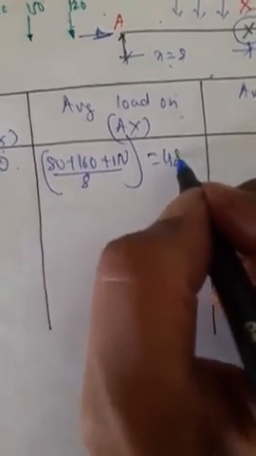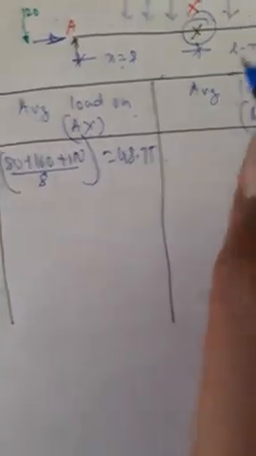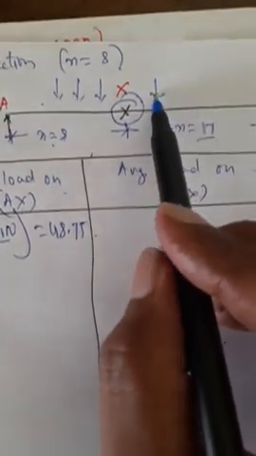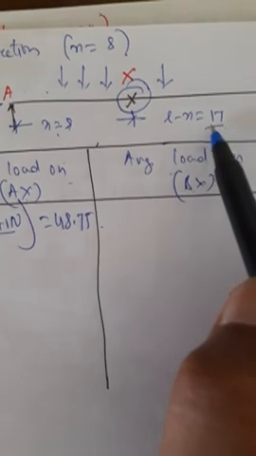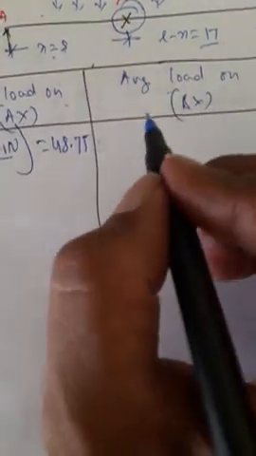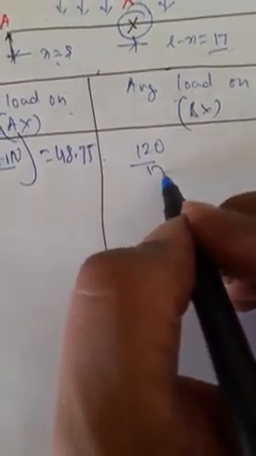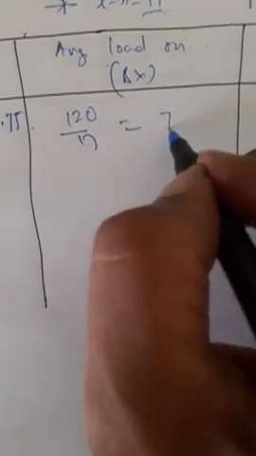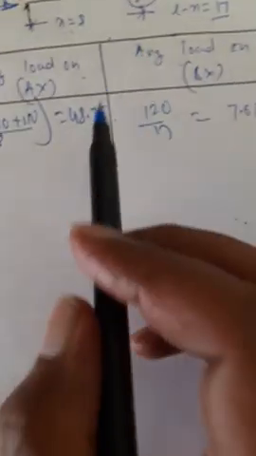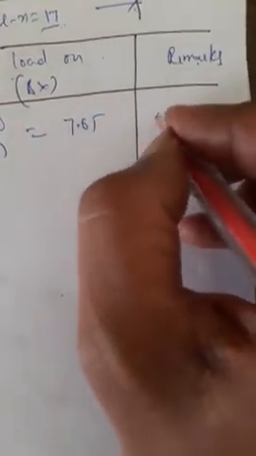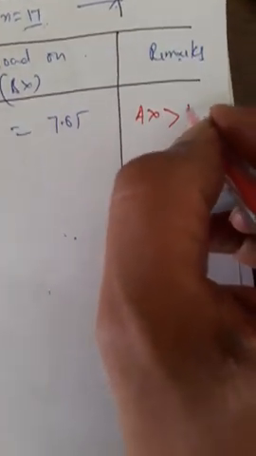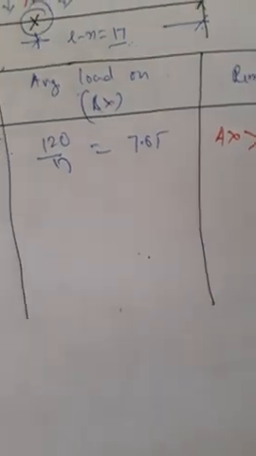So I have the answer 48.75. Similarly, only one load is on section BX, so its average load is this load divided by span 17. So 120 divided by 17. I have the answer 7.05. So compare this and this. So what I can write is AX is greater than BX.